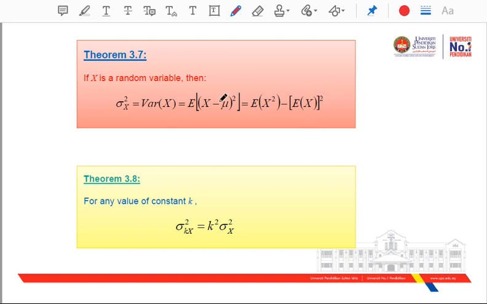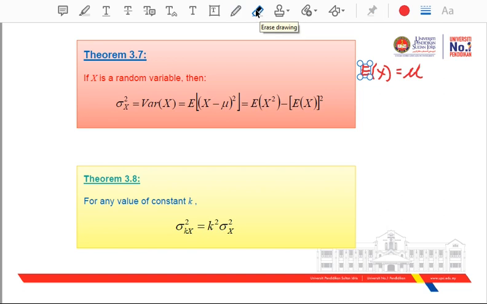So how to transform from here to here? Let me show you how you can transform from this one to this one. First of all, you need to keep in mind, remember at the beginning of the slide, I showed you E(X) is equal to mu, right?